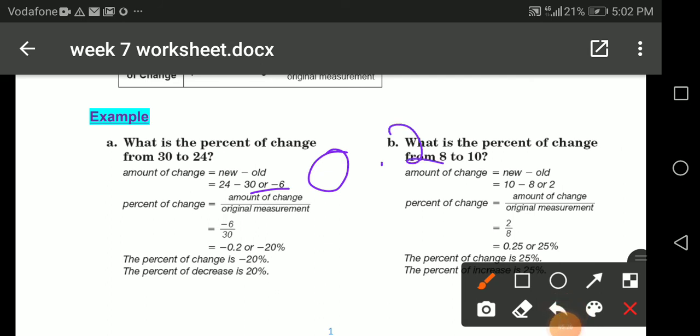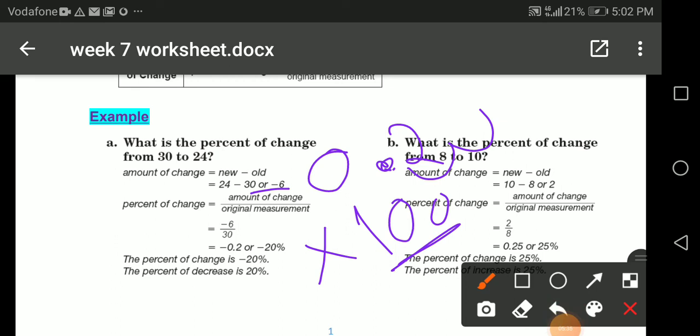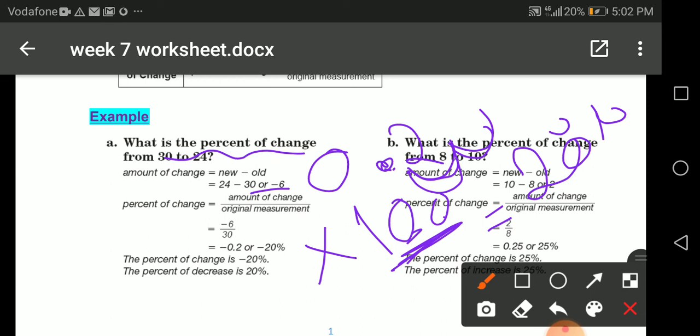I want it as a percent, so I will multiply it by 100. When we multiply by 100, I move the decimal point how many places? 2, because we have 2 zeros. So the answer will be 20%. So what's the percent of change here? Remember, it's with the negative sign, don't forget.